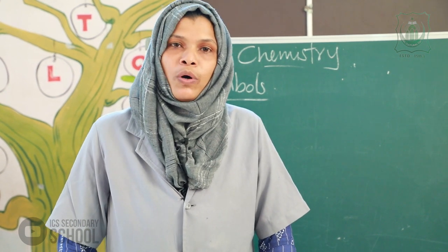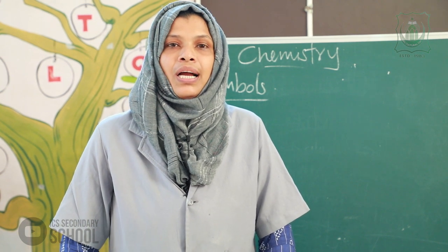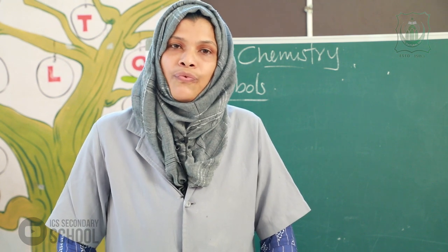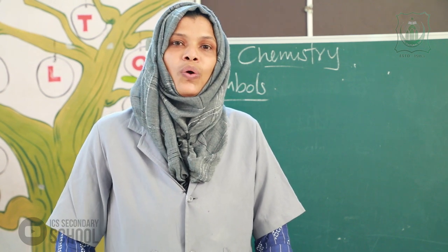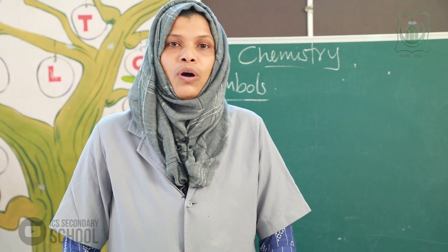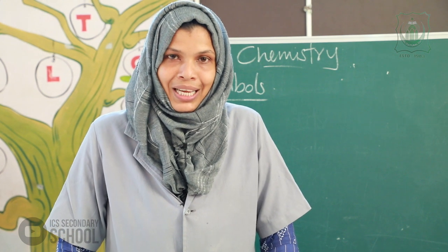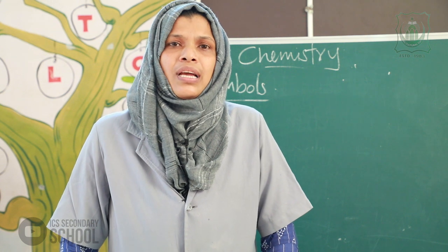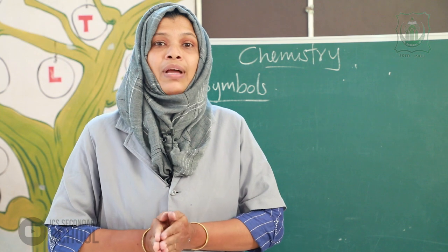What is meant by compounds? When two or more elements combine through chemical reaction, compounds are formed. What are the examples of compounds? Water is one example of a compound. Next sugar, sodium chloride, potassium permanganate, etc.